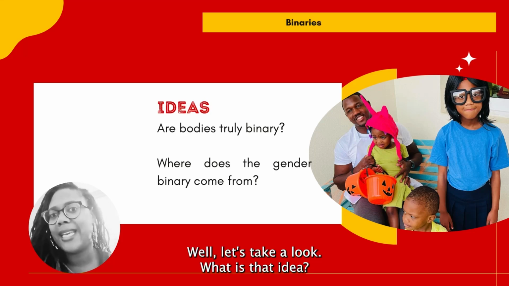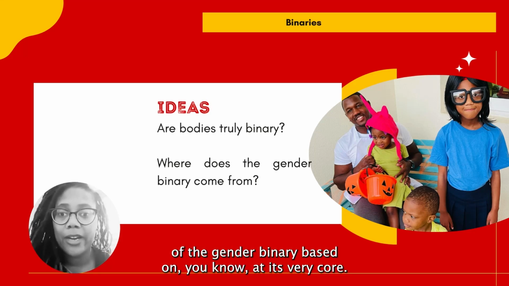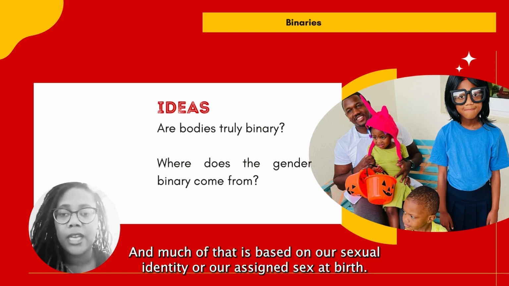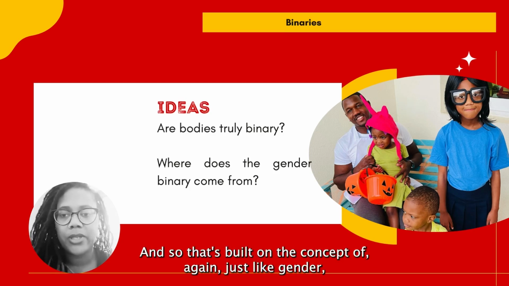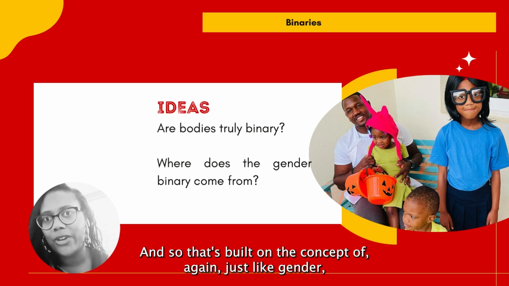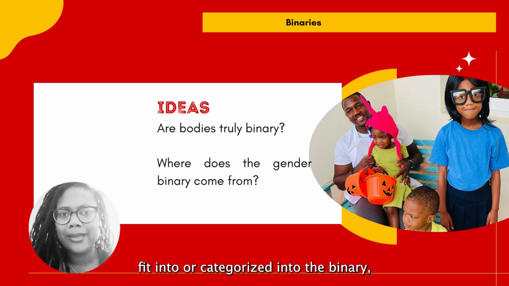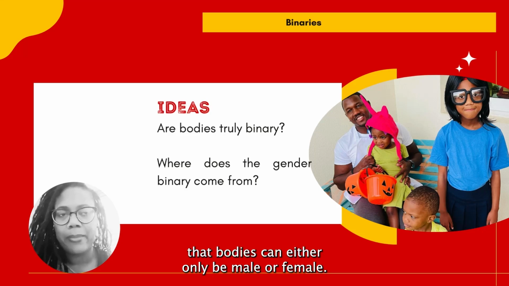What is that idea of the gender binary based on? At its very core, much of that is based on our sexual identity or our assigned sex at birth. And so that's built on the concept that, again, just like gender, bodies fit into or are categorized into the binary, that bodies can either only be male or female.